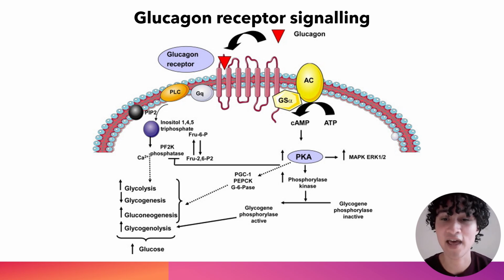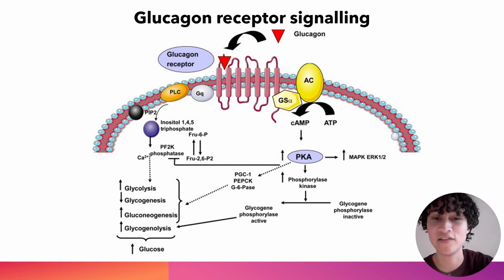Phosphorylase kinase has a calmodulin regulatory domain, so when calcium binds, it becomes activated. So it allows for the activation of phosphorylase kinase without having to activate protein kinase A and that secondary messenger cAMP.